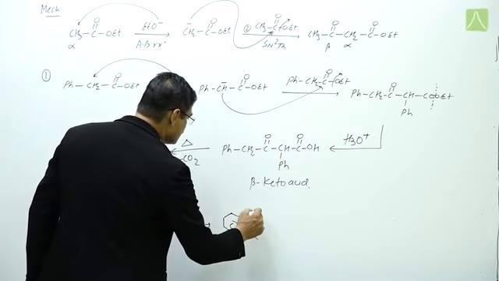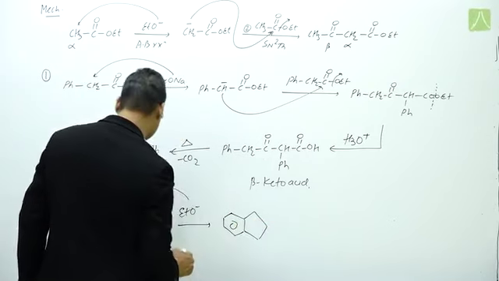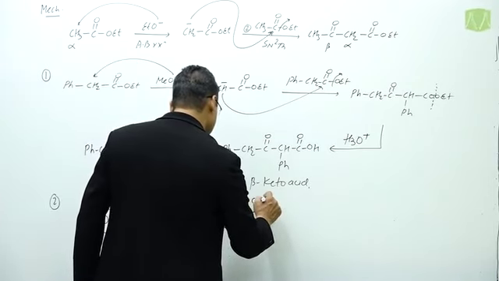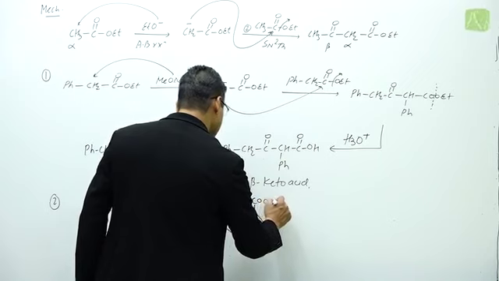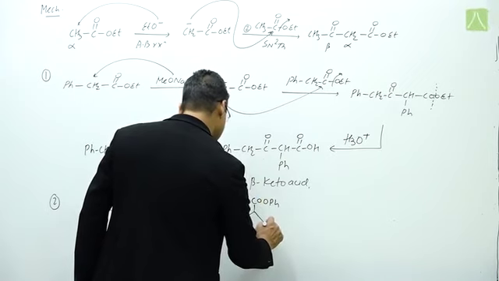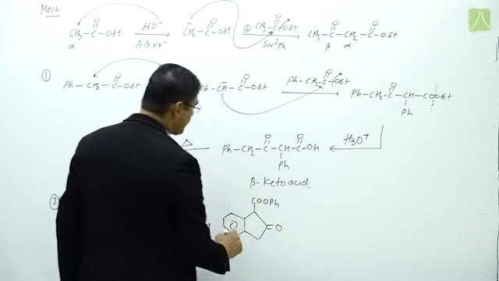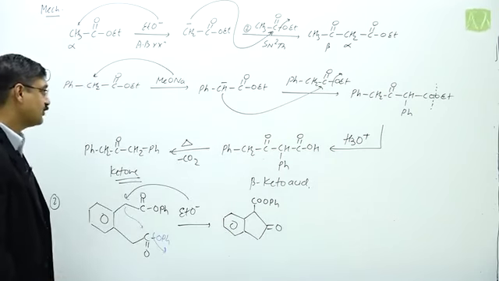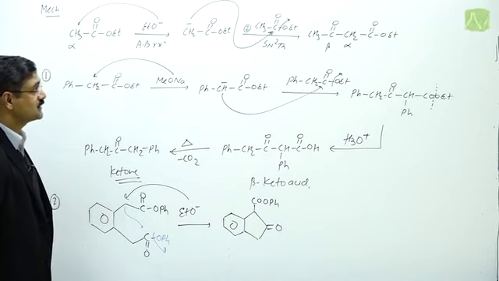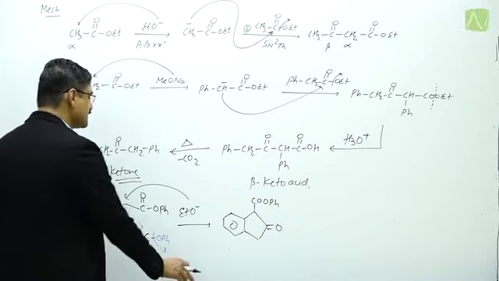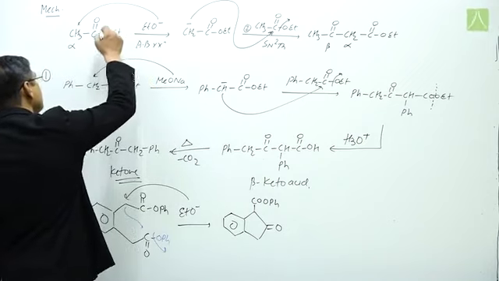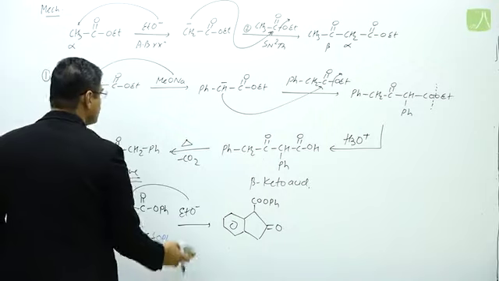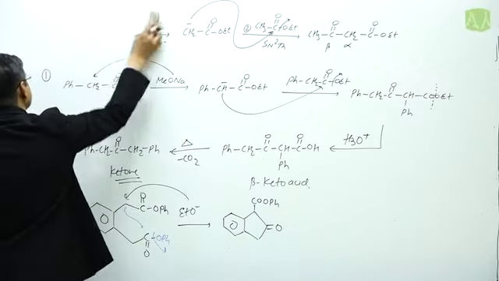The first carbon is COOPh, and at this carbon ketone is present. So it is again beta keto ester. So this is the product. This is intramolecular Claisen ester condensation. So in the Claisen ester condensation, we remove the leaving group from one molecule and alpha H from another molecule. This is the procedure.